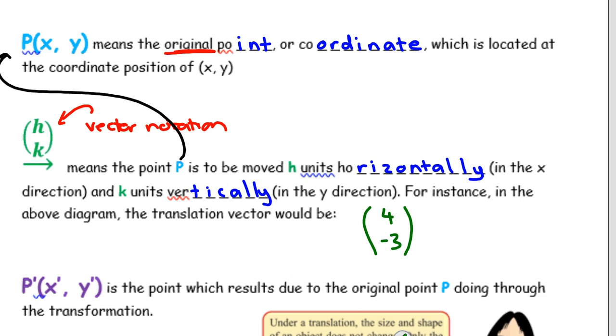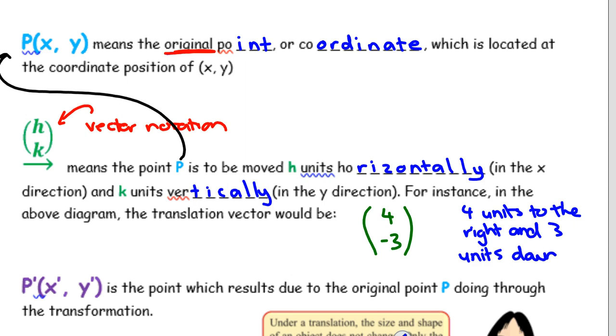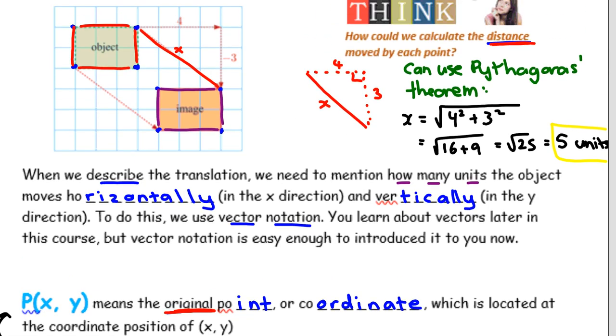So, 4 units to the right, in the positive x direction, and 3 units down, in the negative y direction. So that's what that means. This whole shape is the exact same shape and orientation, it just moved 4 units to the right and 3 units down. It didn't flip around, it didn't rotate at all.